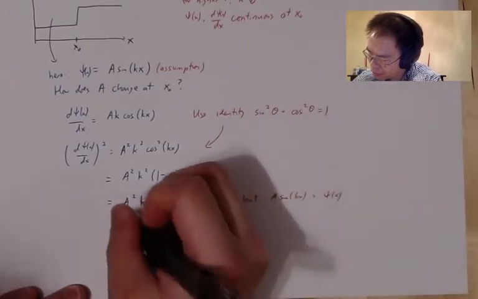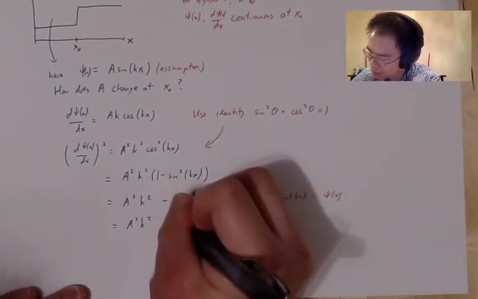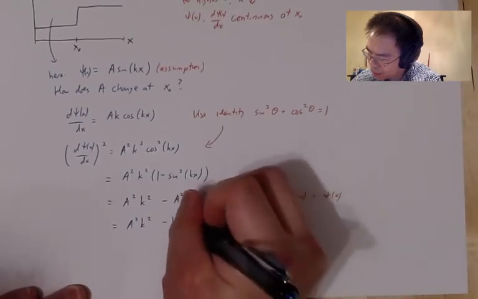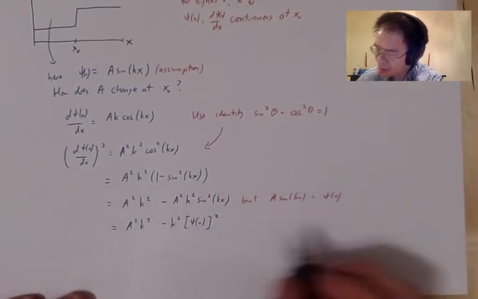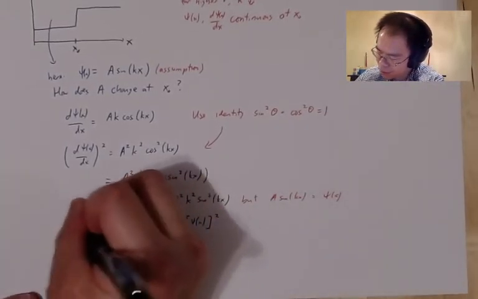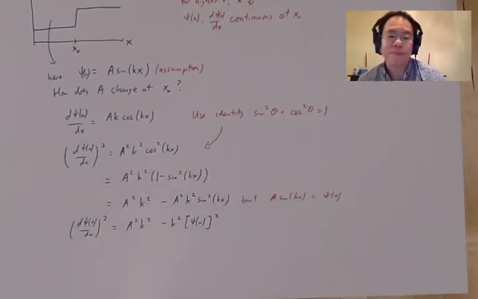So this whole thing becomes A squared k squared minus k squared psi of x squared. And that, remember, equals our derivative squared.